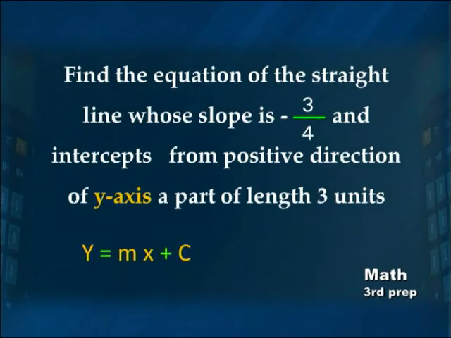Then, by substituting for the value of m, which is the slope of the straight line, and for c, which is the y-intercept, you are going to find that y equals, instead of the slope, negative 3 over 4 x. Plus, what about the y-intercept? It is 3 units. So y equals negative 3 over 4 x plus 3.